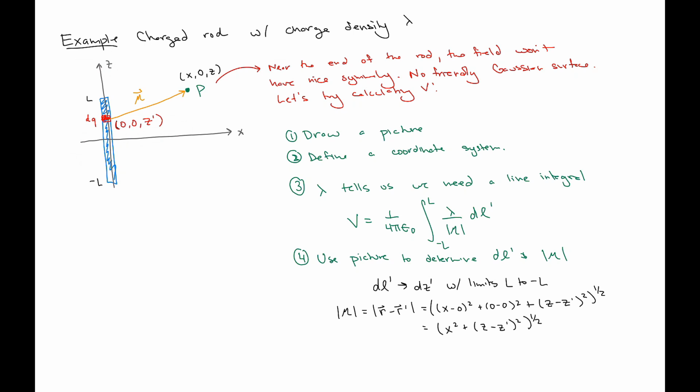So I'm going to use that to rewrite my integral with that good stuff in it. And so I end up getting that the potential now is 1 over 4 pi epsilon naught, and I'm going to integrate from L to negative L, and I get lambda, which in this case I'm going to assume is uniform, but lambda really could be a function of z.